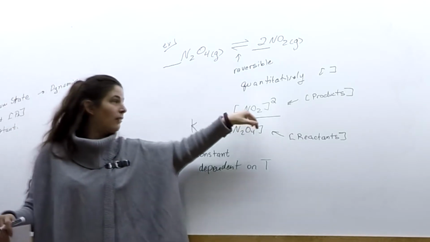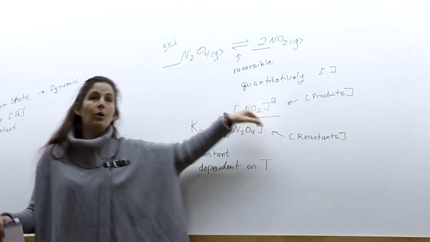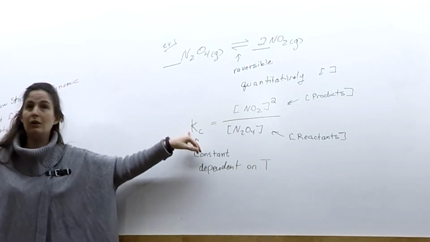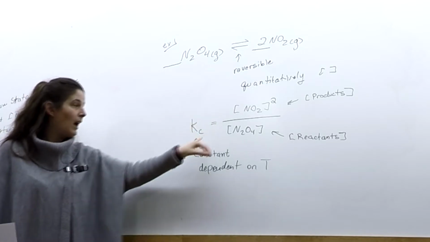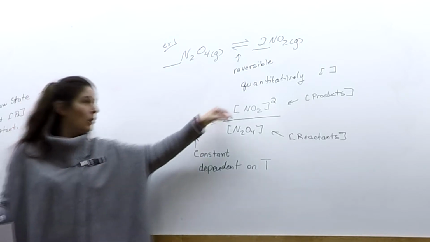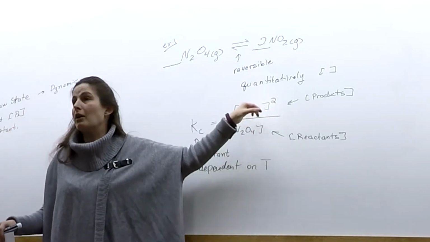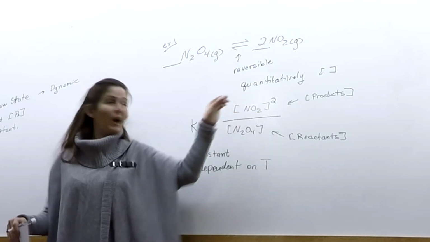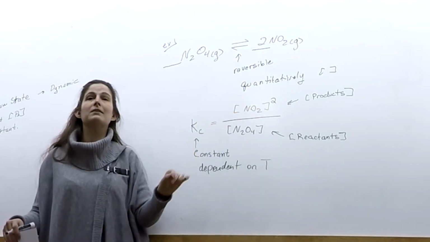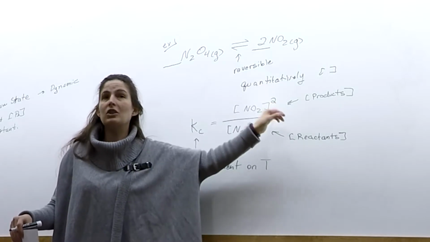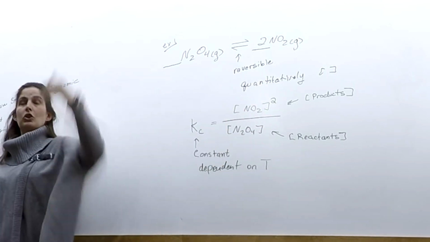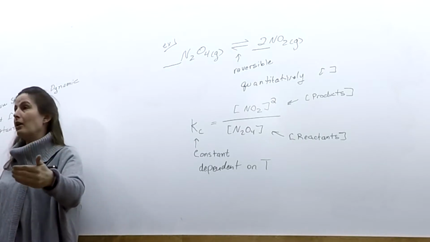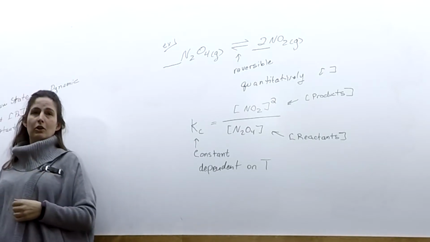So if we have more product, we are going to end up with a higher K. And what that means is that with a higher constant, we are going to favor the products. If you have a high equilibrium constant, your reaction has a high yield on the product side. That means you increase the concentration of your product, so you have a higher yield.